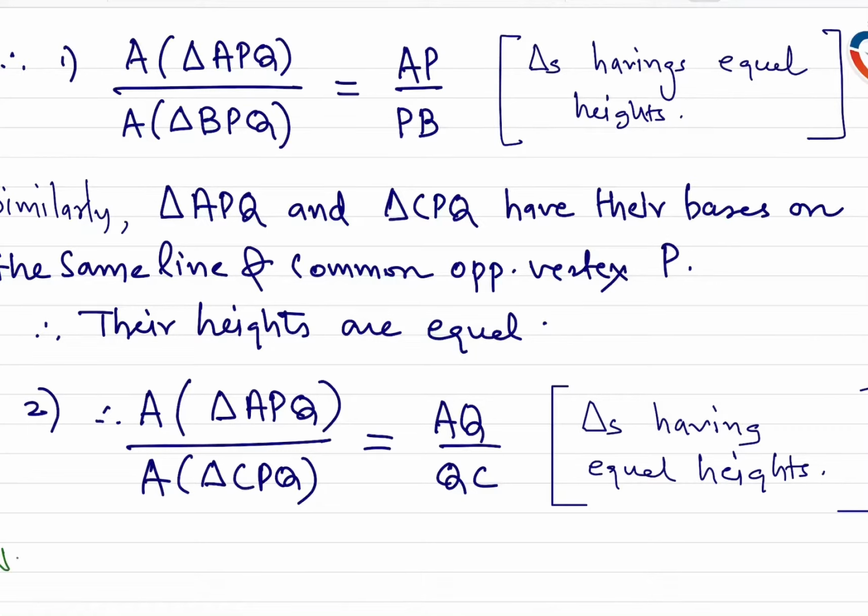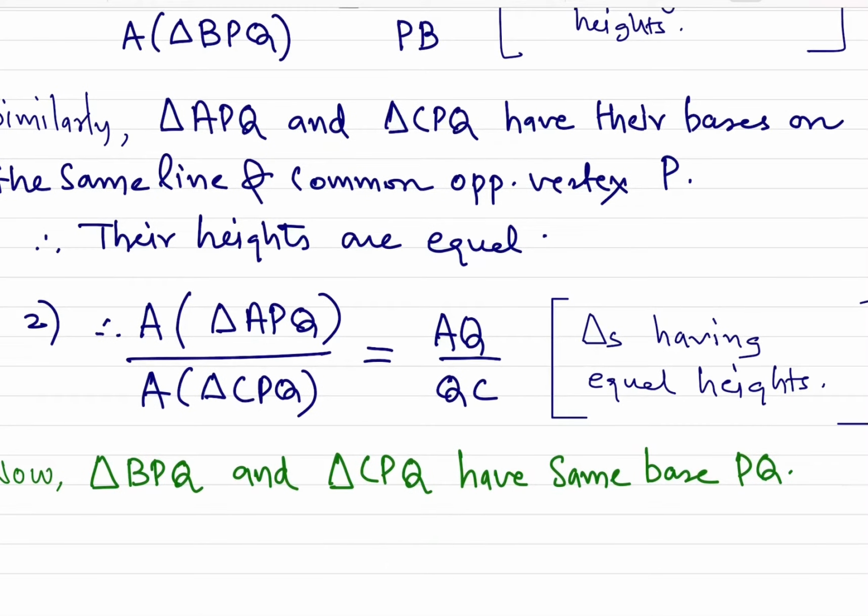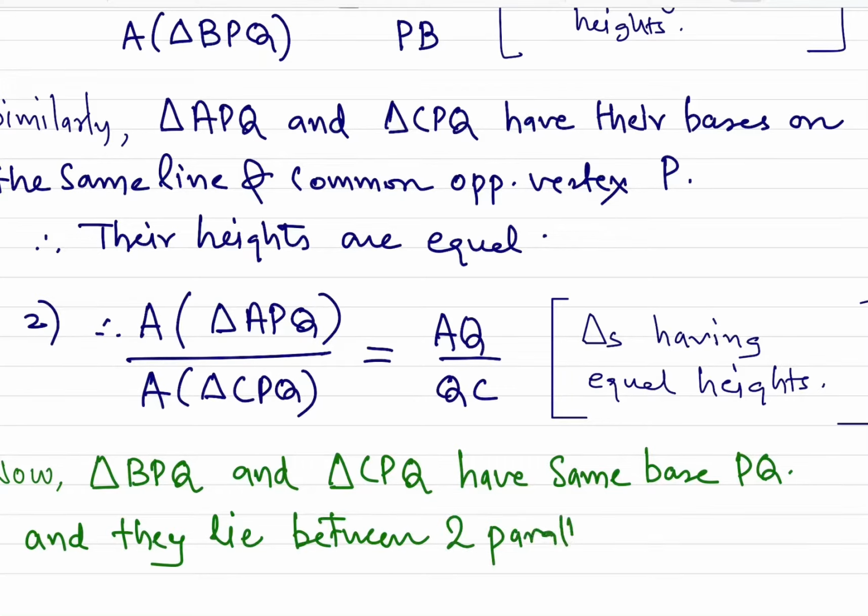So here we write now, triangle BPQ and triangle CPQ have the same base PQ and they lie between two parallel lines.